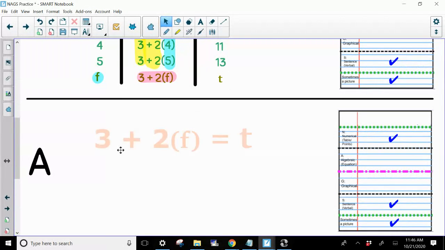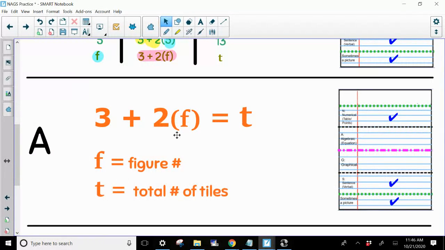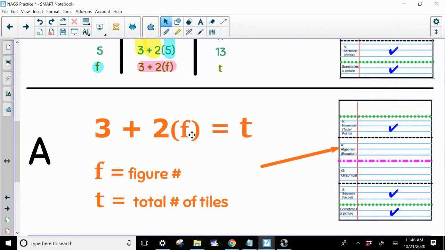So our equation would be 3 plus 2 times f equals t, where f is your figure number and t is your total number of tiles. All of that information is going to go under the A part of our NAGS, algebraic equation, because we can plug any figure number in here, and that's going to give us the total number of tiles.